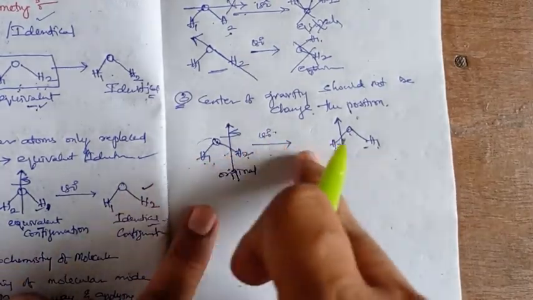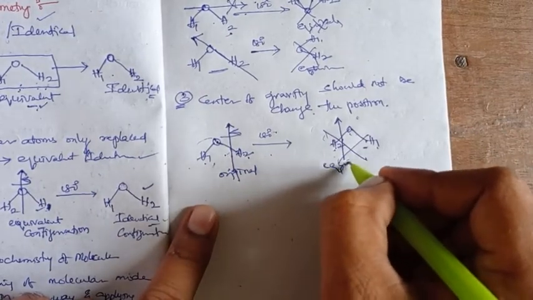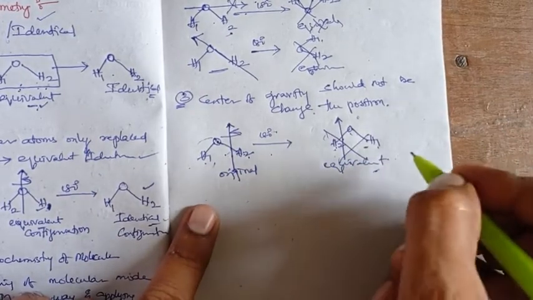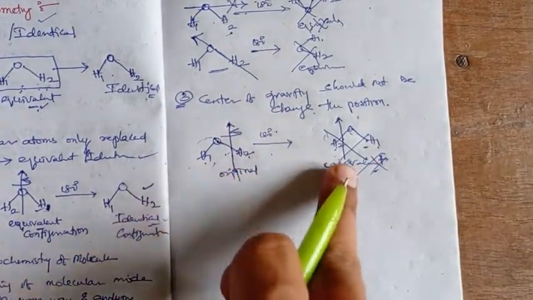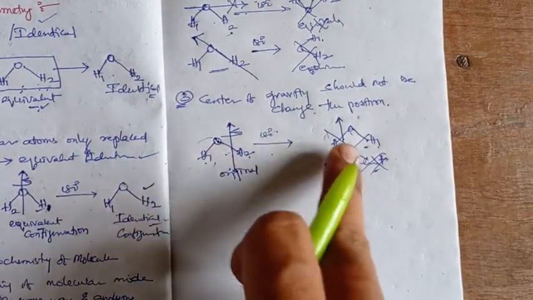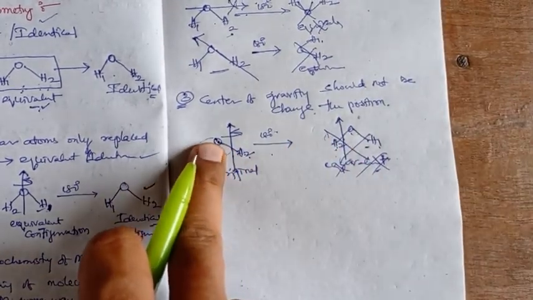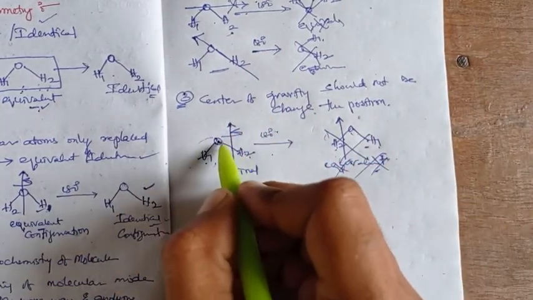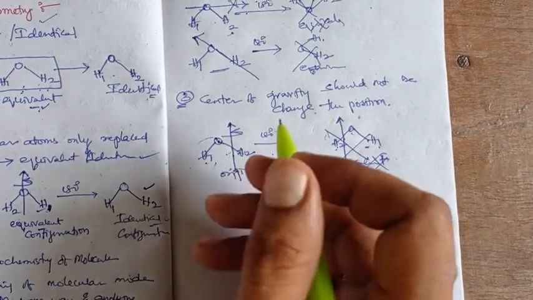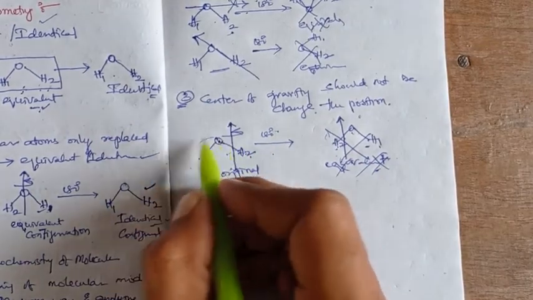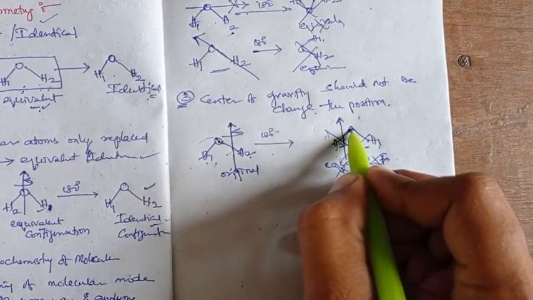So this change suggests that the generated configuration is never an equivalent configuration. It means that, when we observe the center of gravity, its position has changed. For the axis, the center of gravity point was on the left side, and after the rotation it moved to the right side.